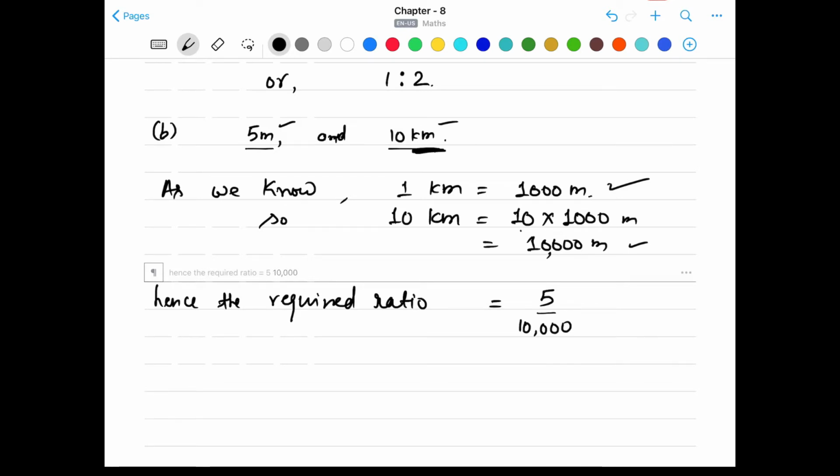And like I said, while writing the ratio we will not write the unit. First you have to make the units the same, then while writing the ratio we will not mention the unit. So when you divide the two by 5, you will get 1 here and 2000 here.